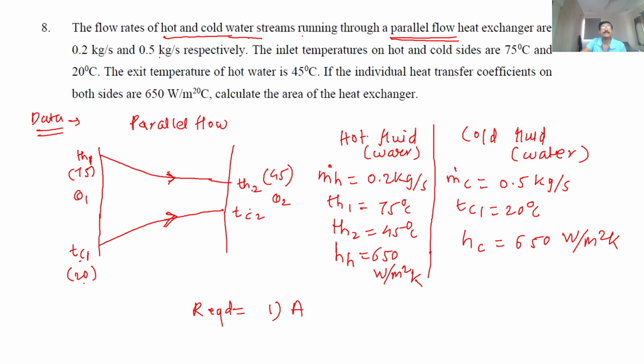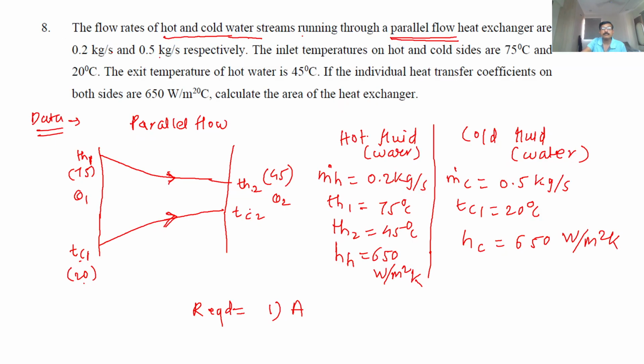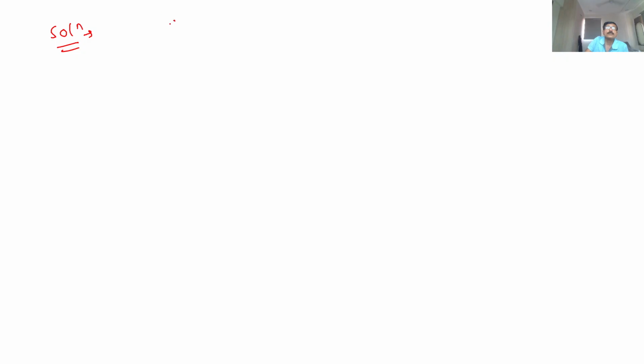So let's start. Out of 4 here, 3 are known. I can use the LMTD method. So let's do it. By the LMTD method, the basic formula is Q = U A theta m. UI means overall heat transfer coefficient based on inner area, then of course inner area AI is coming and then theta m.